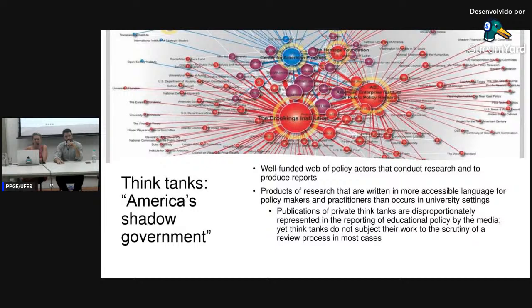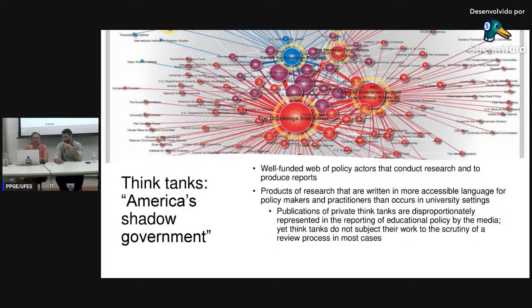So the figure up here shows a bit of a social network map, but it's really just shows which think tanks have the greatest reach and based on color. Então, essa figura acima, ela mostra como que as think tanks elas têm um maior alcance de acordo com a cor.